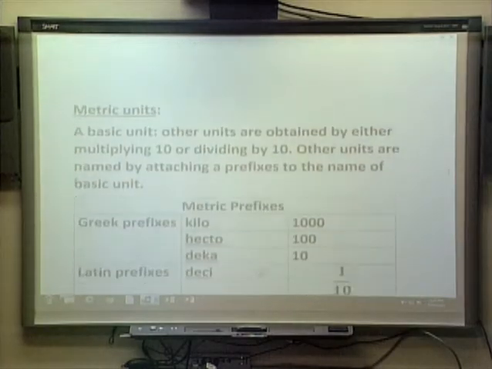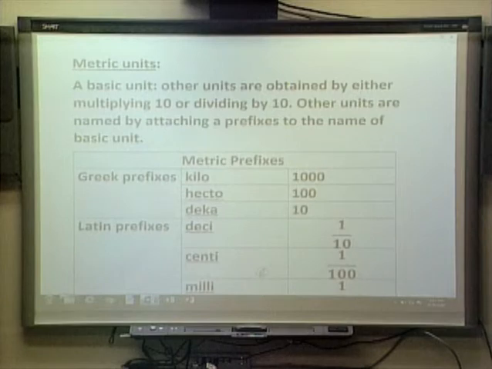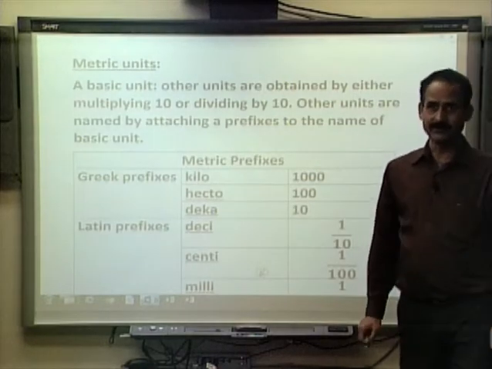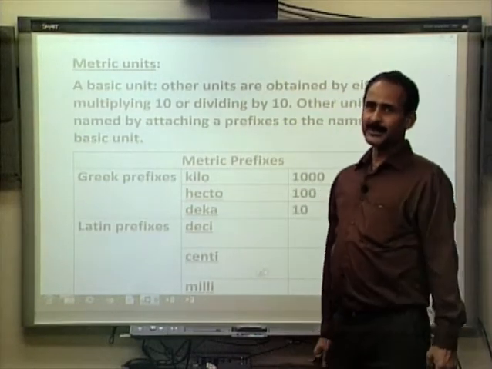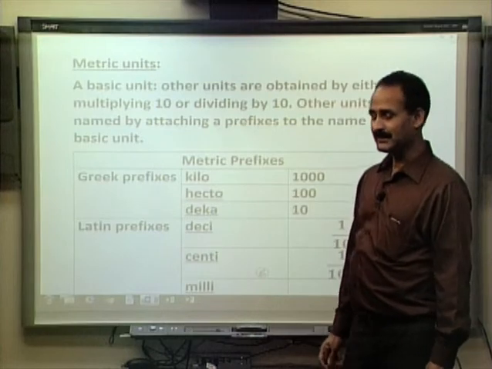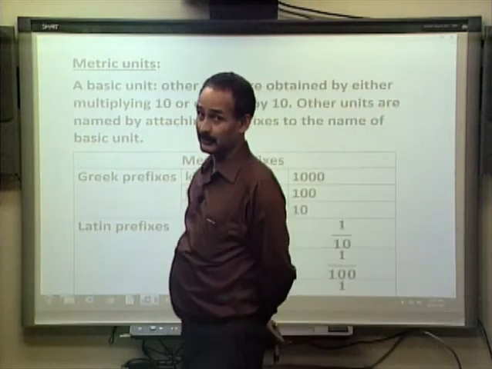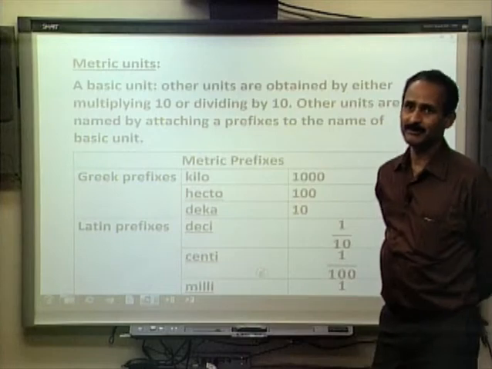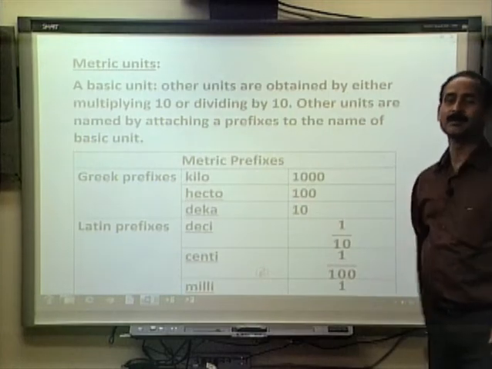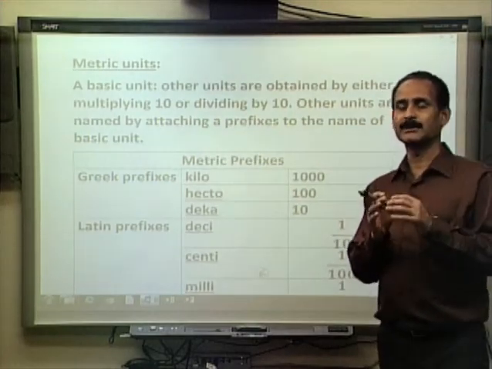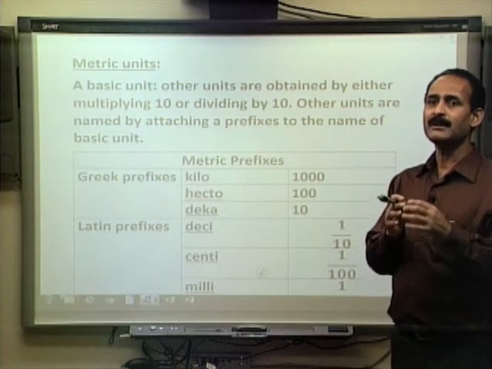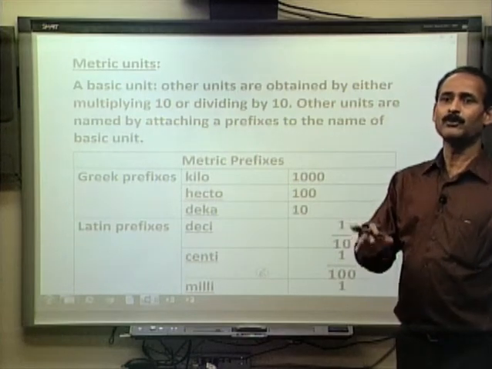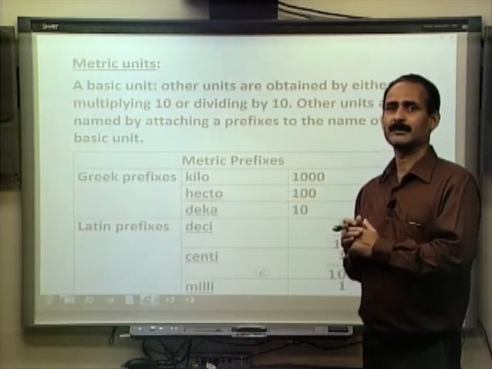Okay. Now, the next is metric units. Metric unit system is, at least for me and maybe for many other people, an easier unit system to understand and to convert from one unit to another.